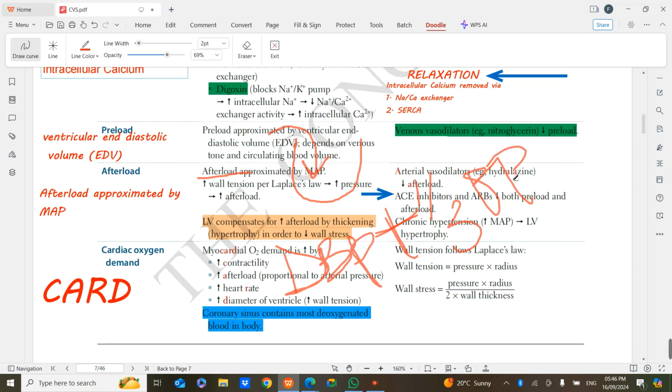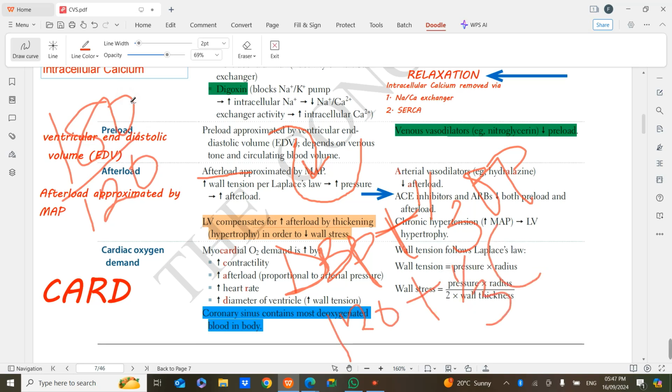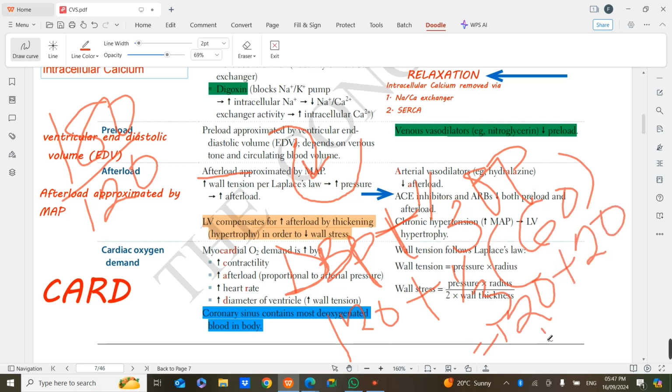So if they give you in the exam a blood pressure of 180 over 120, my diastolic blood pressure is 120 plus 1/3. Pulse pressure is just the difference between the two. So 180 minus 120 will give me 60. So this one will now be 120 plus 20. Therefore, my mean arterial blood pressure is 140. So that's how you get your mean arterial pressure.